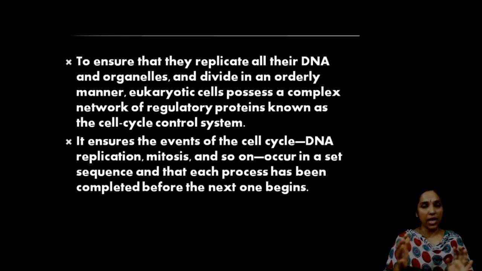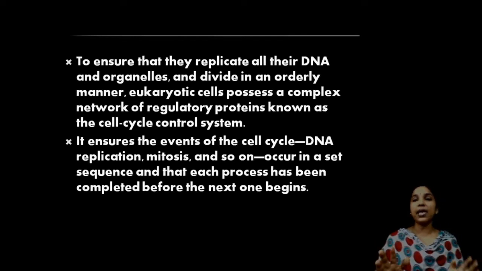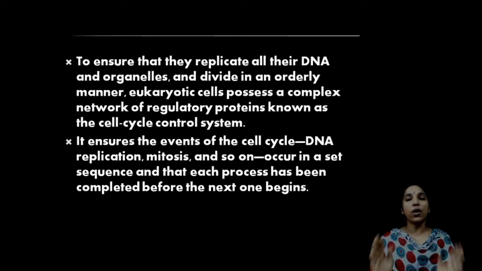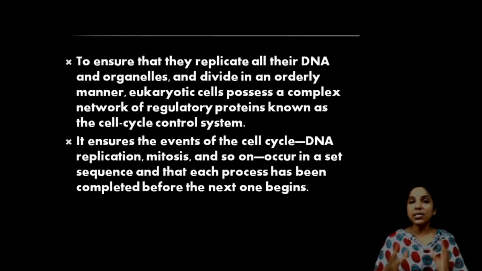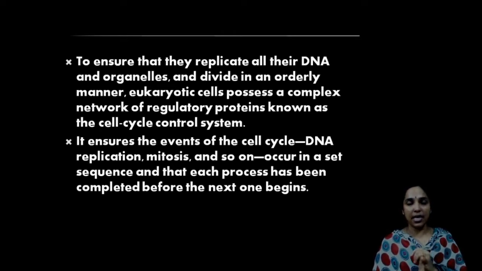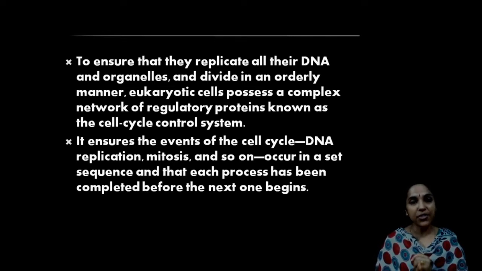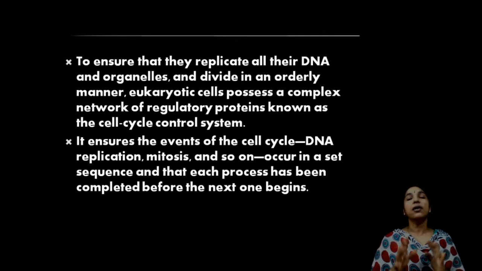To ensure that they replicate all their DNA and all their organelles and divide in an orderly manner, every eukaryotic cell possesses a complex network of regulatory proteins known as the cell cycle control system. These regulatory proteins monitor whether the cell division is perfect. For a perfect cell division, there needs to be clear DNA replication, cell organelle division, everything.